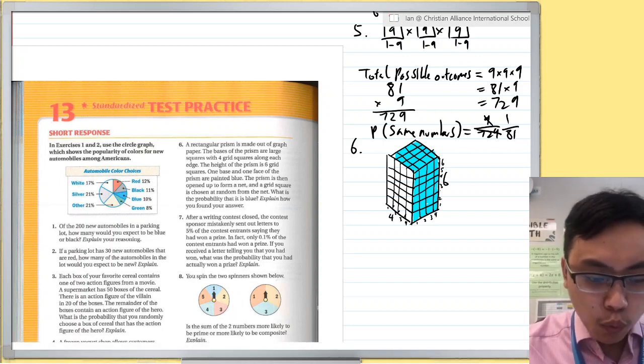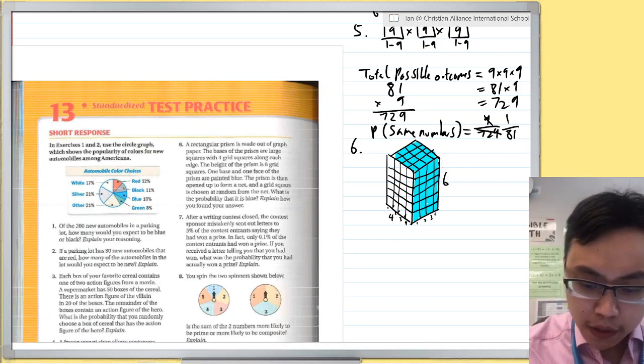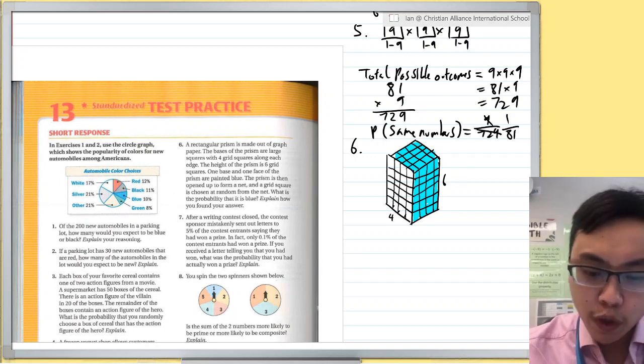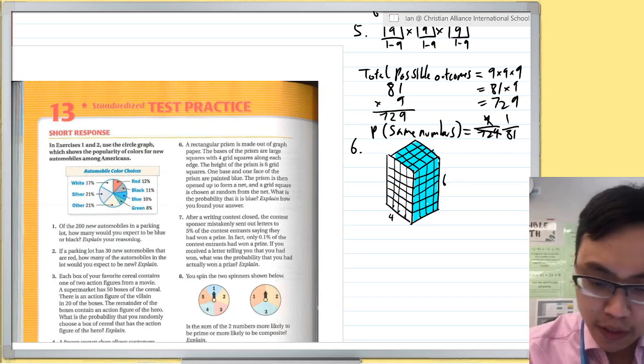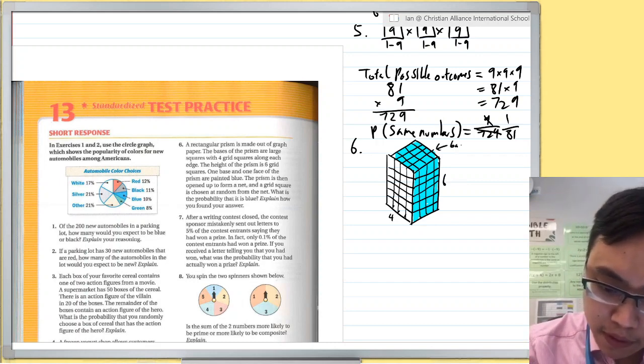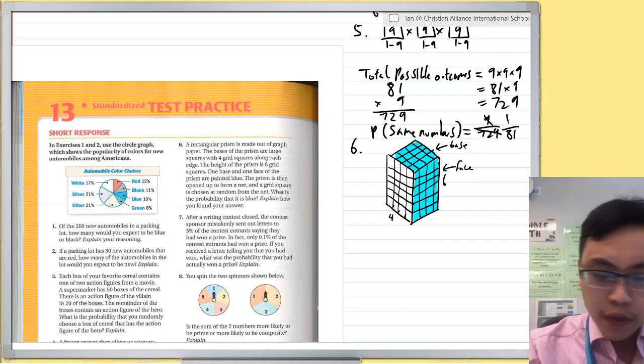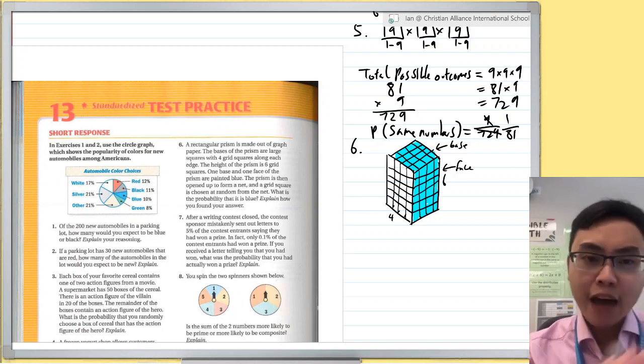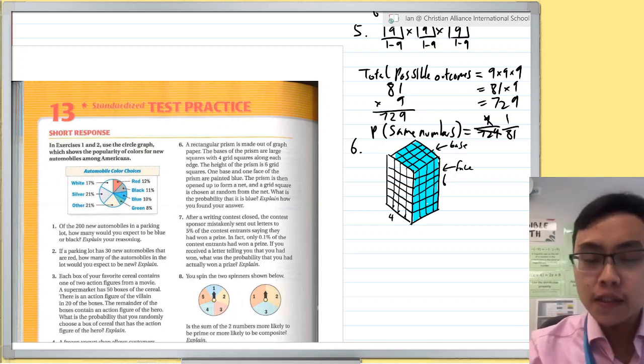And then it says that 1 base and 1 face of the prism are painted blue. So just one face and one base. So that's a base, and that's also a face. And so altogether, if we open this up, what we can see here is only half of the faces and the bases.